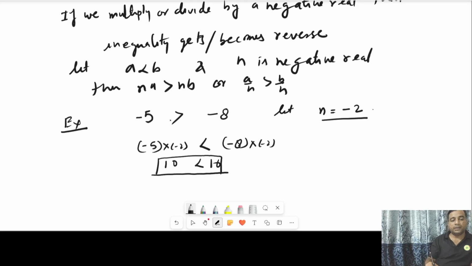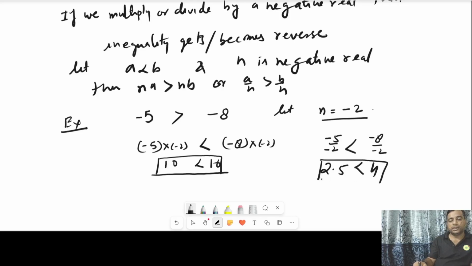Let me divide by minus 2: minus 5 by minus 2 and minus 8 by minus 2. The inequality gets reversed, and minus 5 by minus 2 is 2.5, which is less than 4. So these are some particular examples.